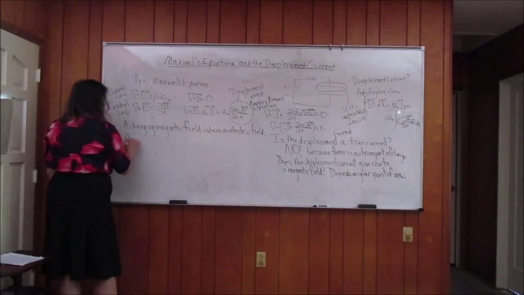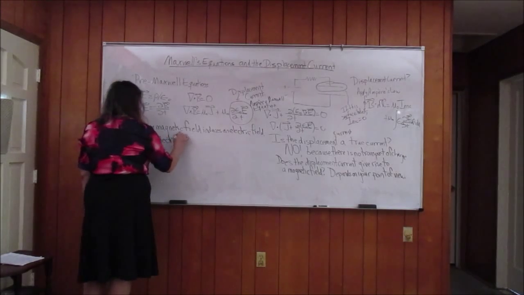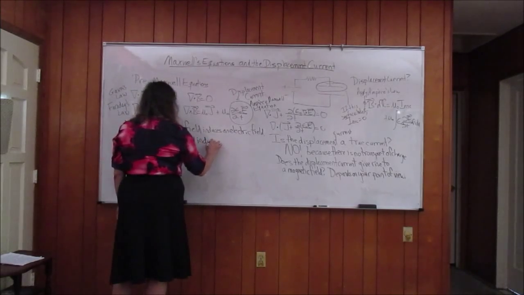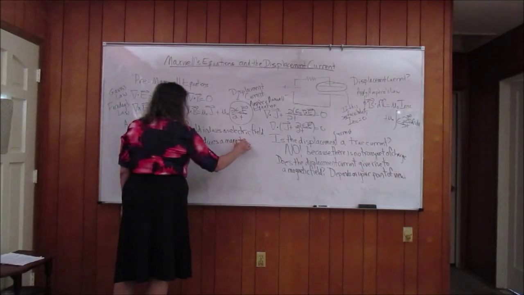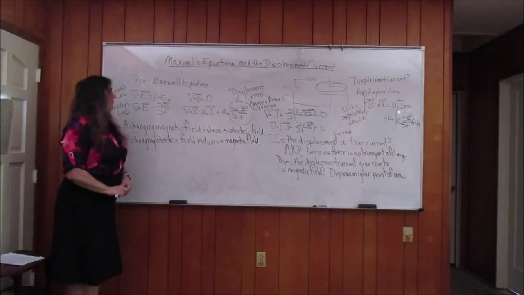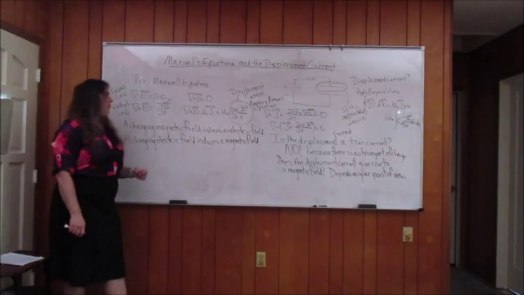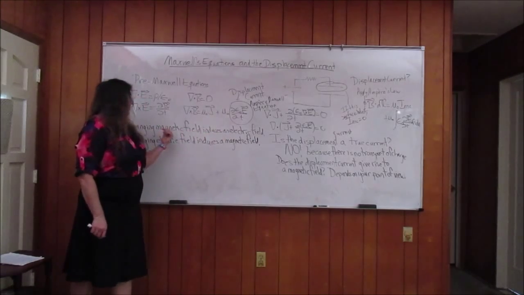And likewise, a changing electric field induces a magnetic field. Some folks have an issue with these two statements because it implies a causality between the changing magnetic field and the electric field.